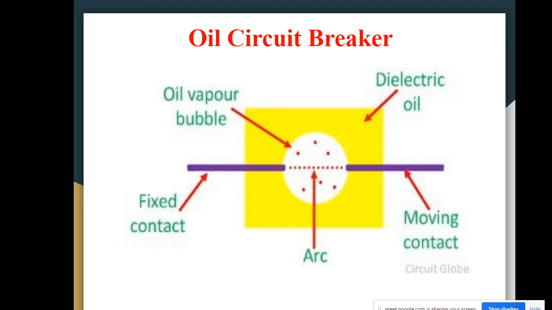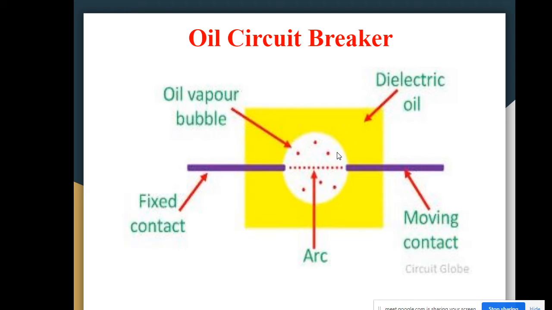Yes, sir. This is the key point that you need to understand. When the arc is generated between the contacts of the circuit breaker, a huge amount of heat is generated, and that heat evaporates the oil which surrounds the contacts. The oil then dissociates, generating hydrogen gas.